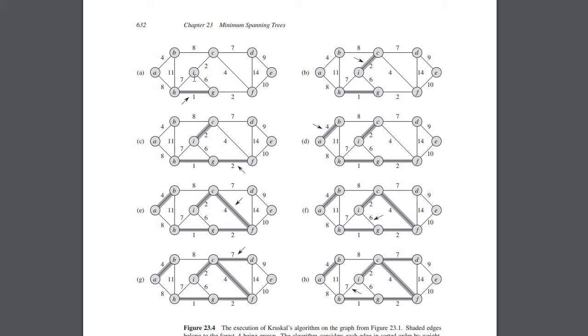So we need to find the minimum spanning tree. That means a tree which spans all the vertices with the least weight values. So just remember this thing, spanning tree, span means to cover the area. So the tree is basically covering all the vertices with the least weight values, so that's why we call it a minimum spanning tree.